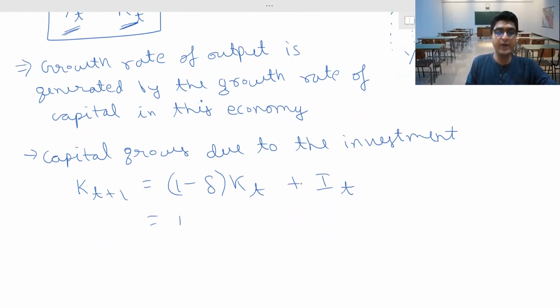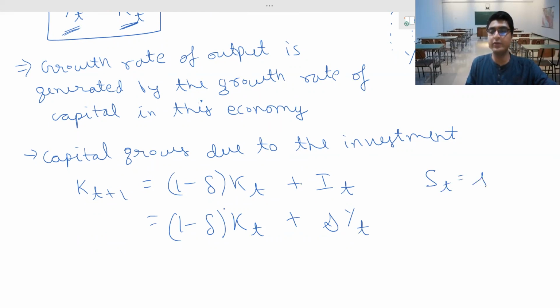So it is equal to (1 minus delta) into K_t plus saving rate into income. Saving is equal to saving rate into income, and saving is also equal to investment.